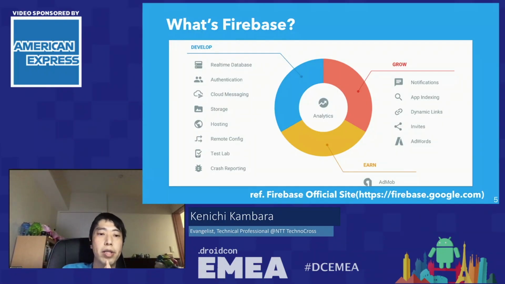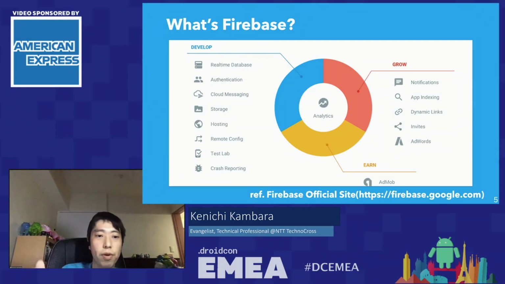Mainly, there are three main categories: develop, grow, and earn. In the develop category, there are a lot of features for developers. For example, cloud database, cloud messaging, storage, remote config, test and more.